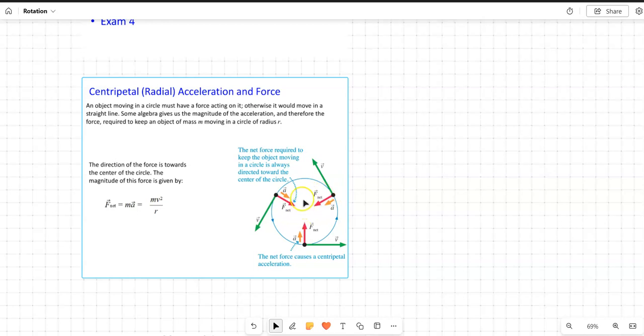Okay? So, again, since we're going to be moving into force diagrams, we're going to be summing up those forces and setting them equal to mass times acceleration, as we always have done. But this is going to be equal to mv squared over r.